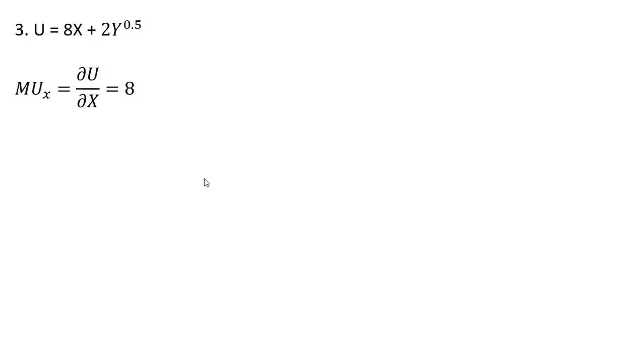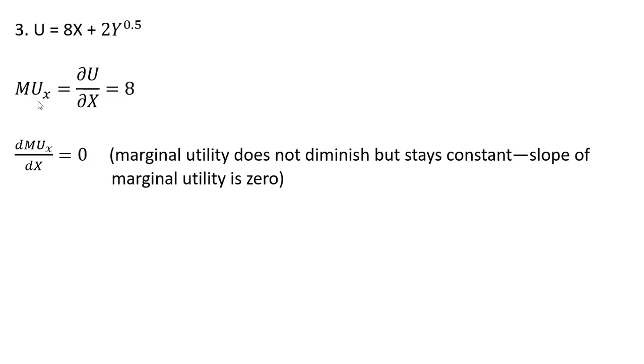Let's do another example. Here we have a utility function, getting the marginal utility of good x. It's 8. Taking the derivative of marginal utility of good x with respect to x, it's just 0. So here marginal utility does not diminish, but stays constant. In other words, the slope of the marginal utility curve is 0.